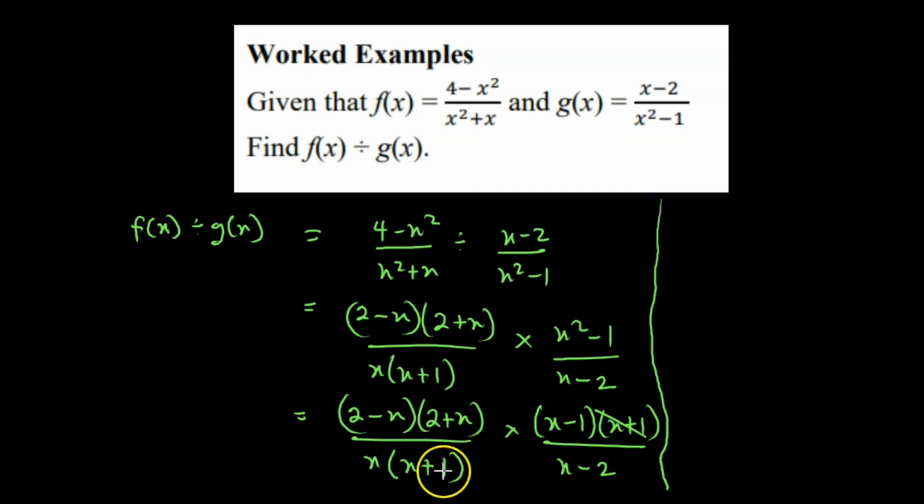We are left with 2 minus x all over x, then times x minus 1 all over x minus 2. Now, in order for us to be able to cancel out x minus 2 and 2 minus x, we need to do some simple operation here. So 2 minus x over x will multiply.